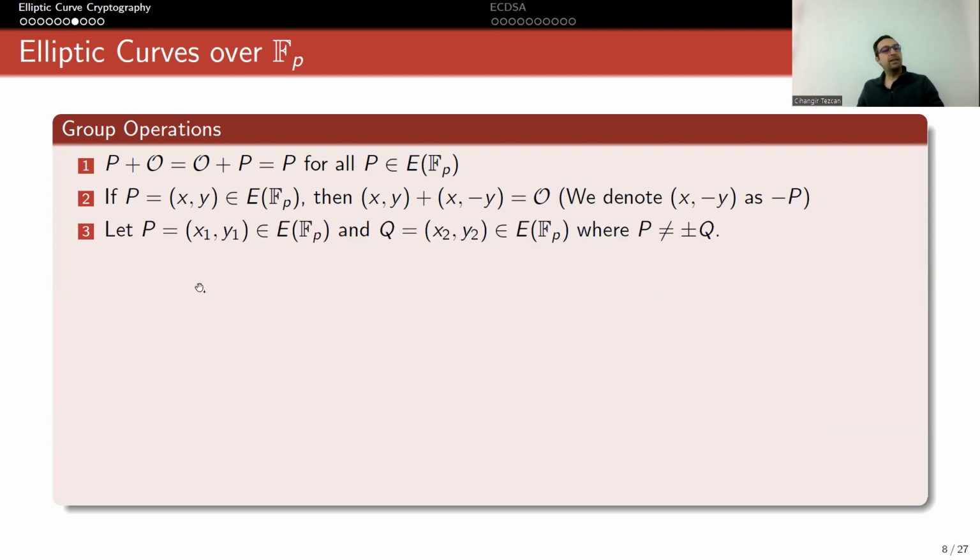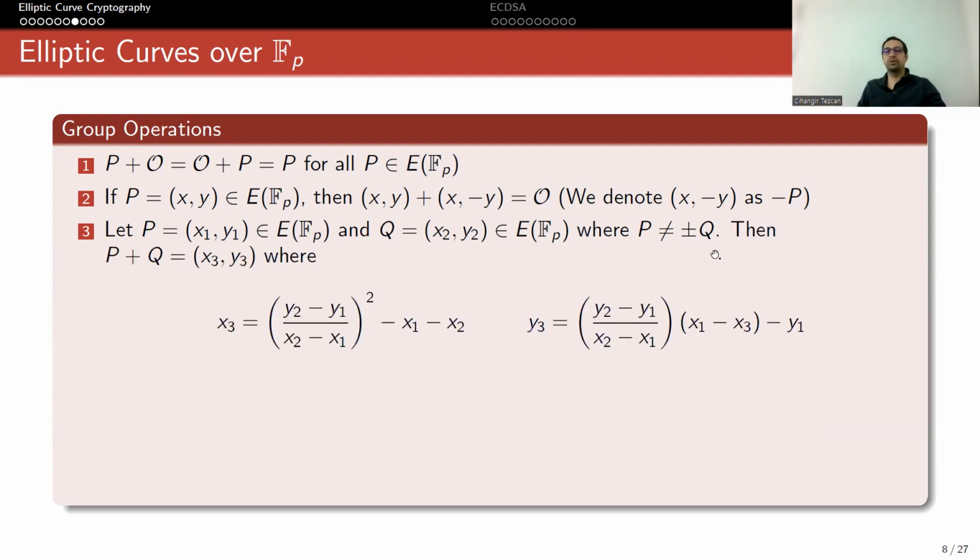Now let's talk about adding P to Q. Let's say that P has coordinates x1, y1, and Q has the coordinates x2, y2. And here Q is not equal to P or minus P, okay? Here is where we draw the line and take the reflection and so on, but this actually turns into the following equations.